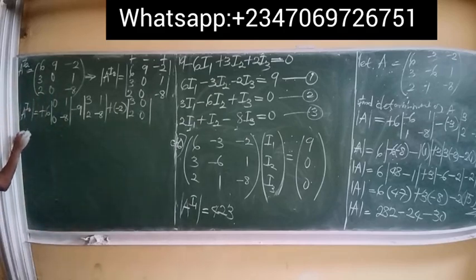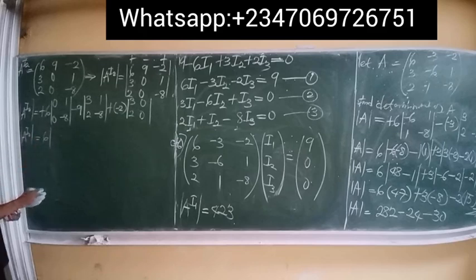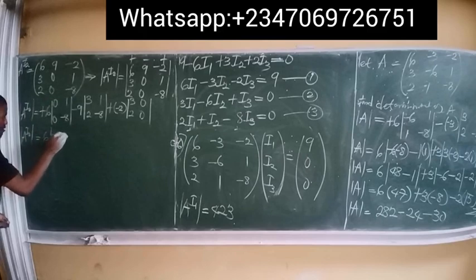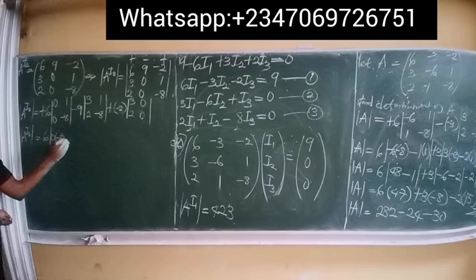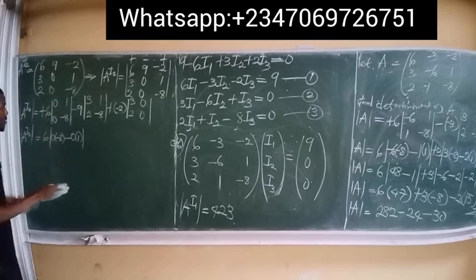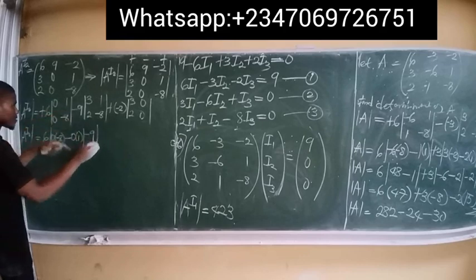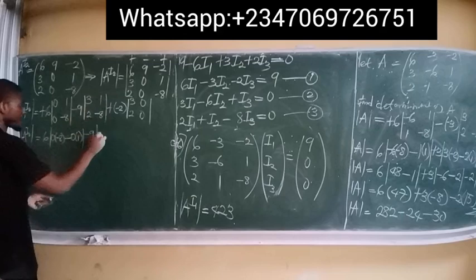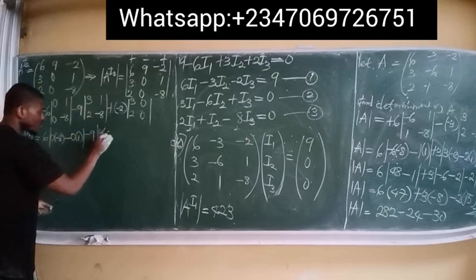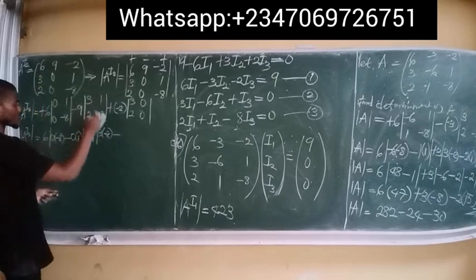So delta AI2 is now equal to, this is 6 into, using the rule for determinants, major product, which is simply 0 times minus 8, major diagonal, minus the product of the minor diagonal, 0 times 1, okay, minus 9 into, here I have 3 times minus 8, major diagonal, minus 2 times 1, minor.